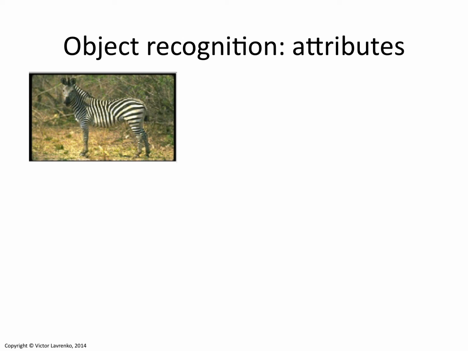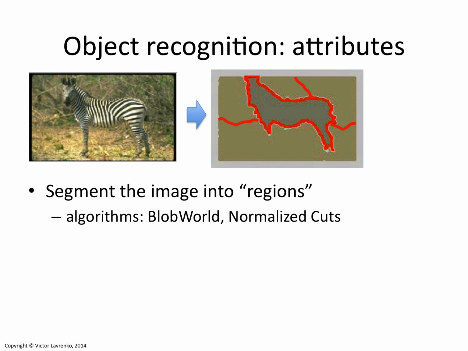Well, one possible way in which people do it is they take an image, they find a segmentation algorithm. So segmentation algorithms, it's basically something that goes in the image and tries to identify sort of homogeneous regions. Regions where everything inside a region has similar local properties. And what that means is that all of the pixels inside a region have a similar color distribution, they have similar texture responses.